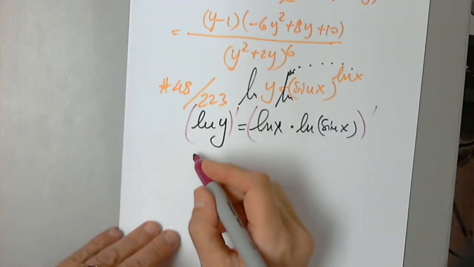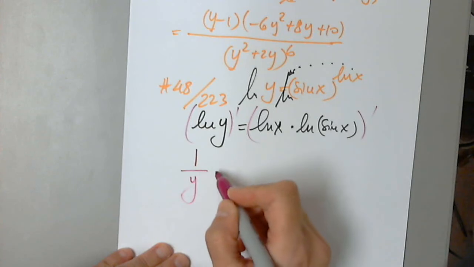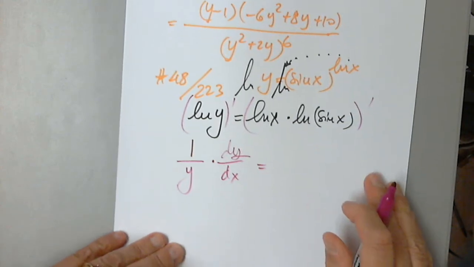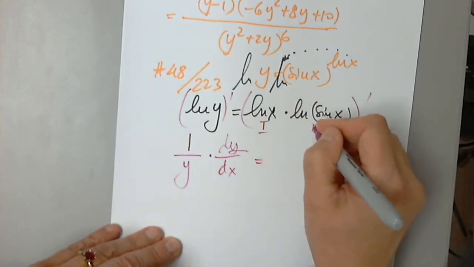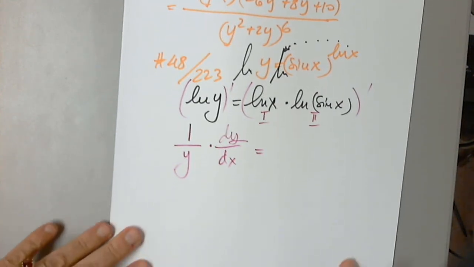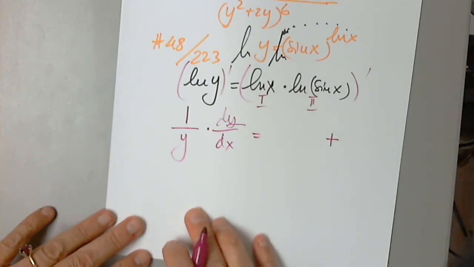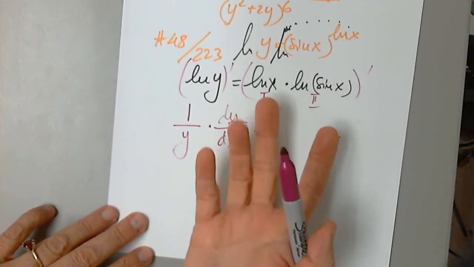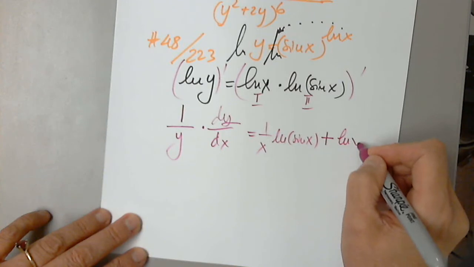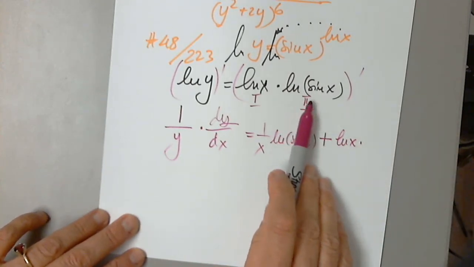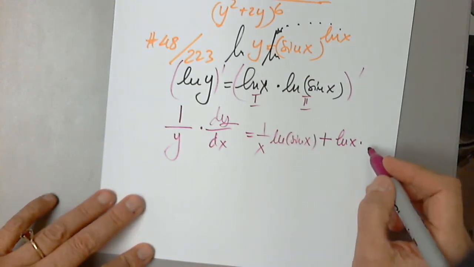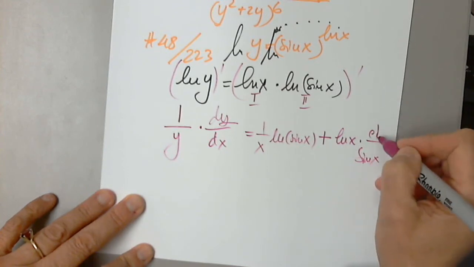The left-hand side is 1 over y multiplied by dy over dx equals. Careful because this is a product. Whenever we differentiate a product, we have to obtain a sum of two terms. The first function prime times natural log of sine x plus natural log times the second function prime. 1 over sine times cosine x.